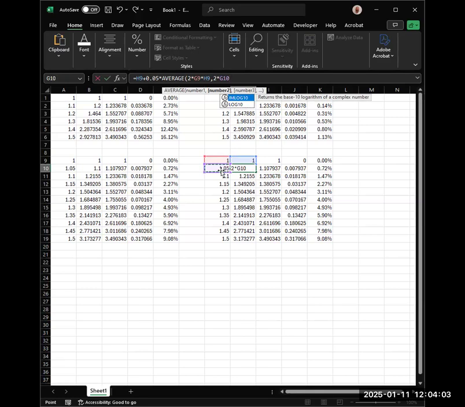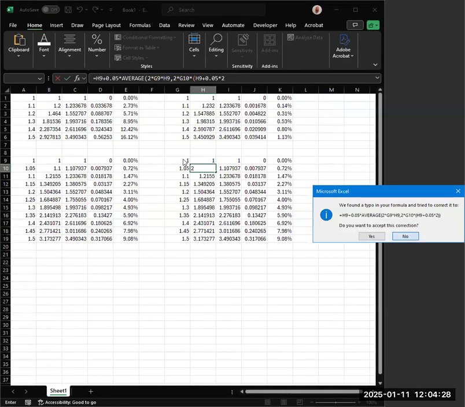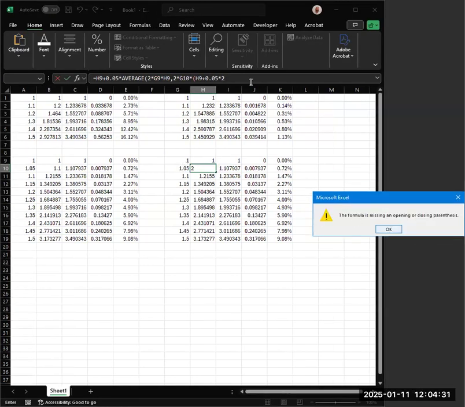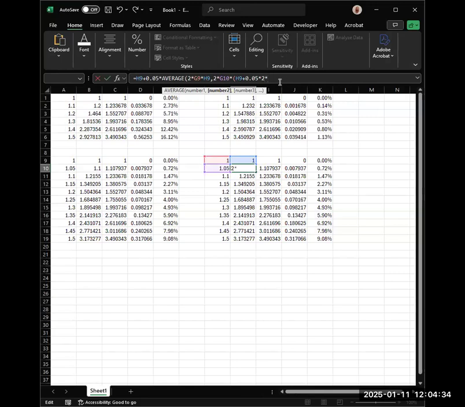New x value times the old y value plus h times the previous x value times the previous y value.